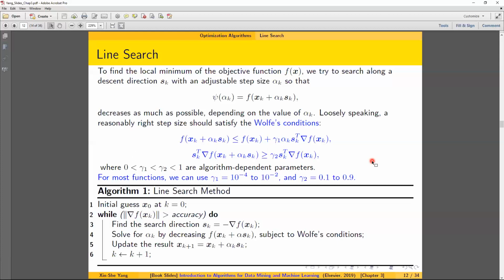Gamma 1 and gamma 2 should be between 0 and 1. They are algorithm-dependent parameters, or in many machine learning algorithms, we call them hyperparameters. Then you can set gamma 1 and gamma 2 and leverage the line search algorithm to update the new solution. So this is the algorithm itself.